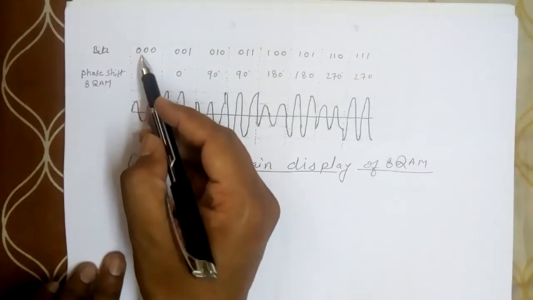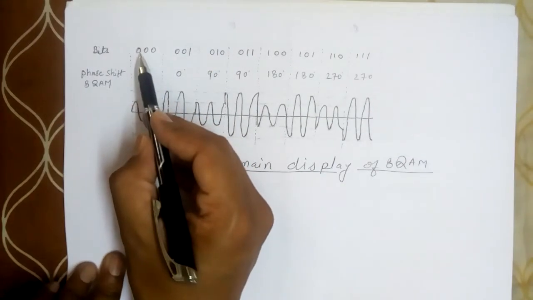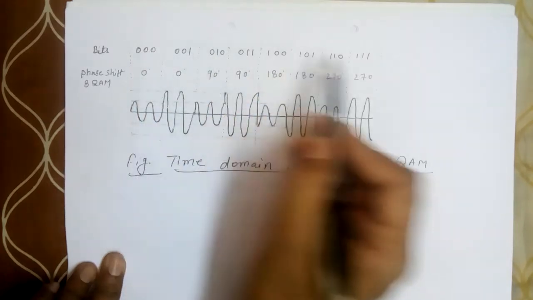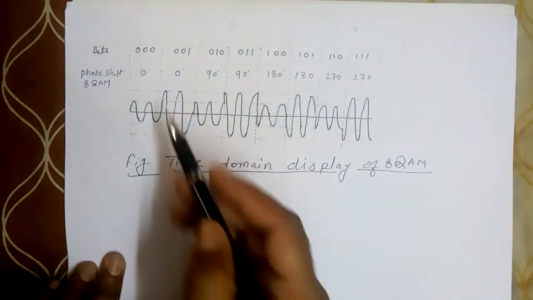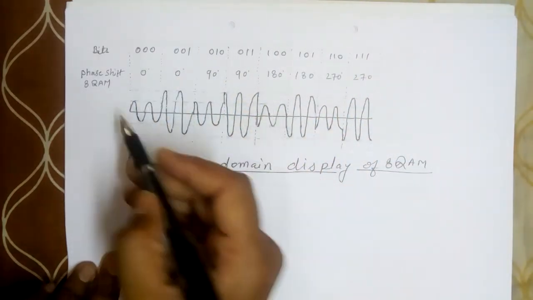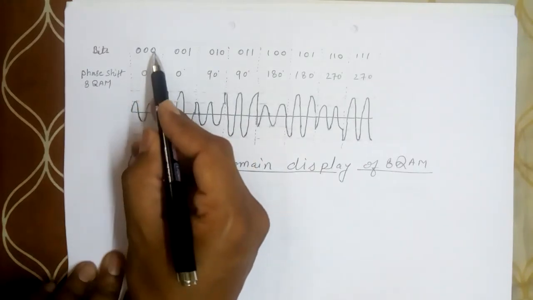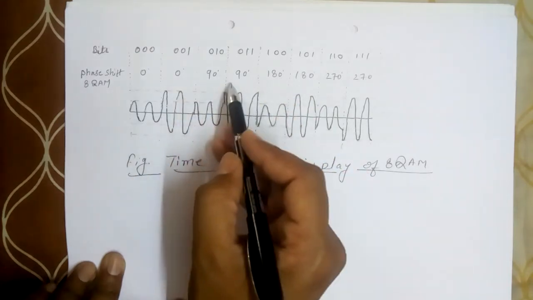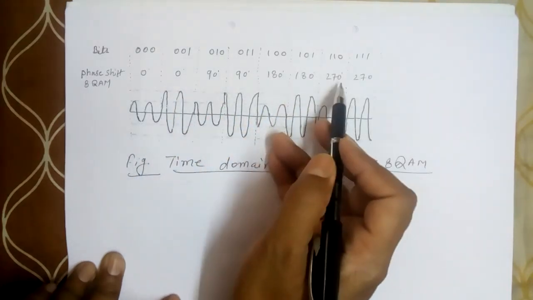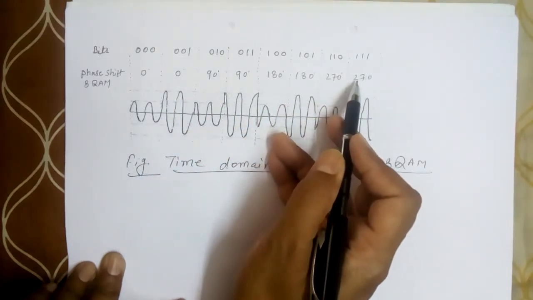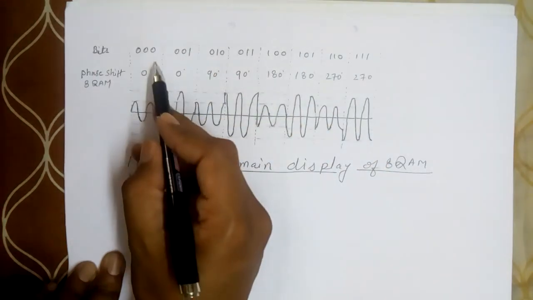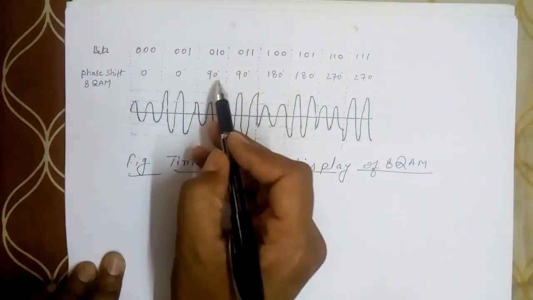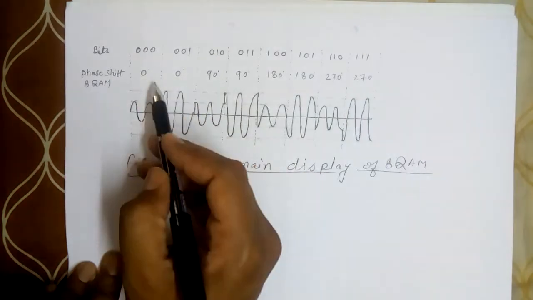Here we have bits from 000 to 111. So here we are using four different phase shifts, that is 0 degree, 90 degree, 180 degree and 270 degree.